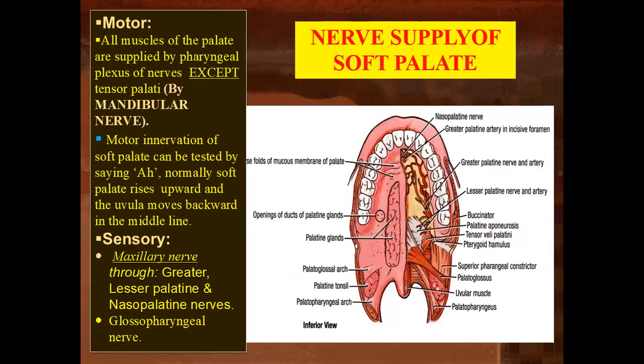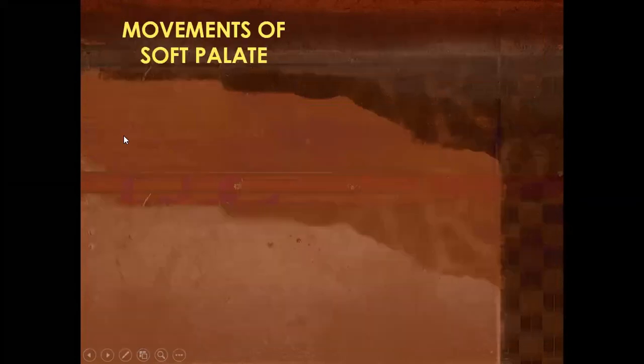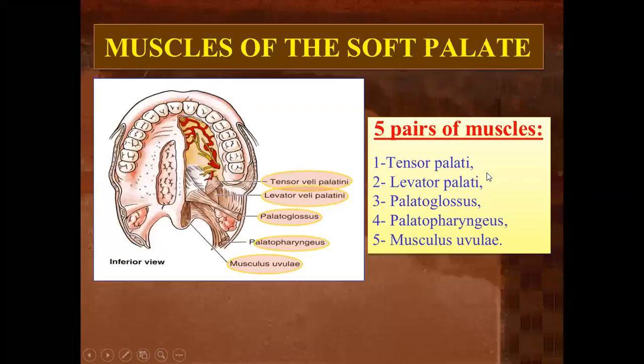Now coming to the nerve supply of the soft palate. What are the nerves which will supply these muscles and make them move? All the muscles of the palate are supplied by the pharyngeal plexus of nerves, with one exception, the tensor palatini, or tensor veli palatini.